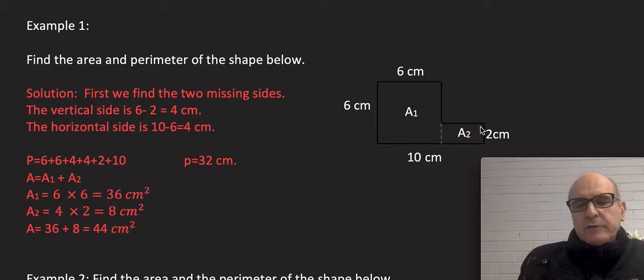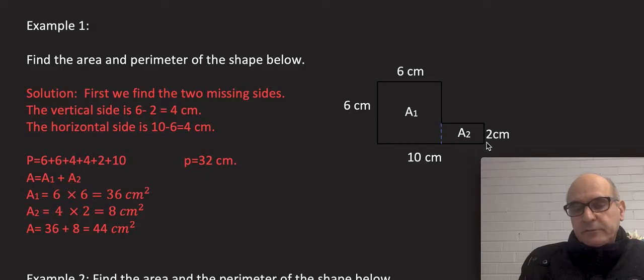To work out this side, you have to look at this. This whole thing is 10. And because this is 6, that bit also will be 6. So what is left out of 10 is 4. So 10 take away 6 is 4.